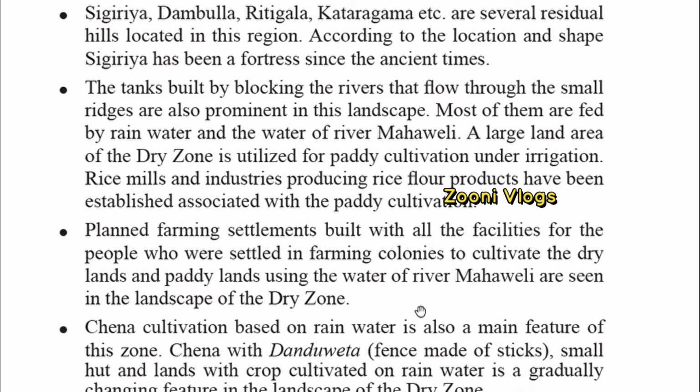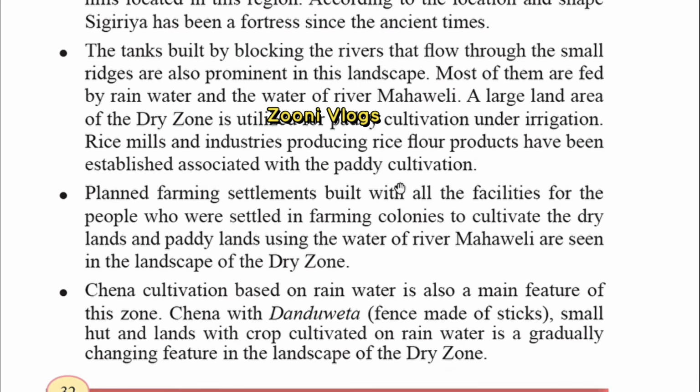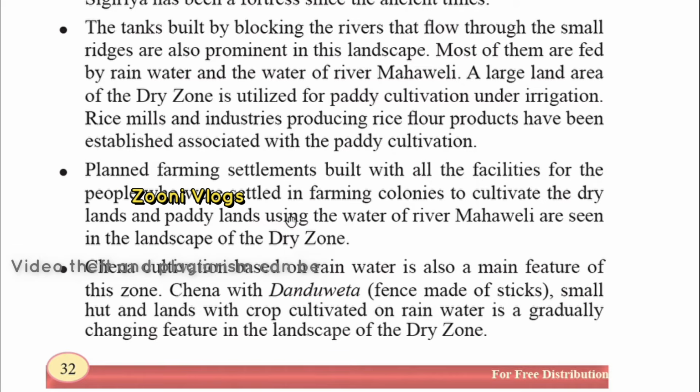Now here, just think about the paddy cultivation of Sri Lanka. Most of the farmers are living in the dry zone. Just keep these things in your mind. Most of the farmers are living there. Planned farming settlements built with all the facilities for the people who were settled in farming colonies to cultivate the dry lands and paddy lands using the water of river Mahaweli are seen in the landscape of the dry zone.